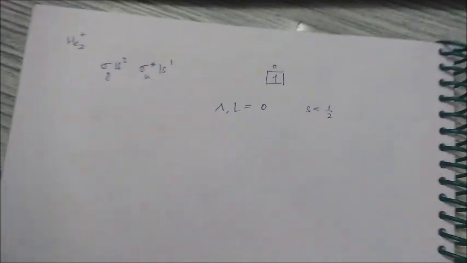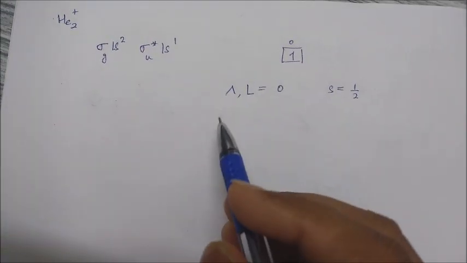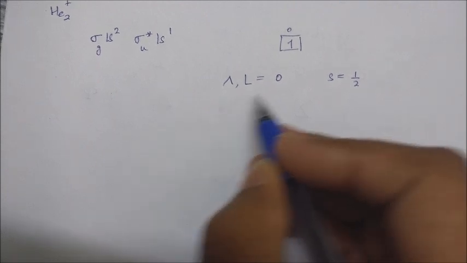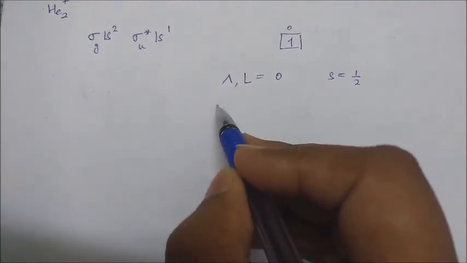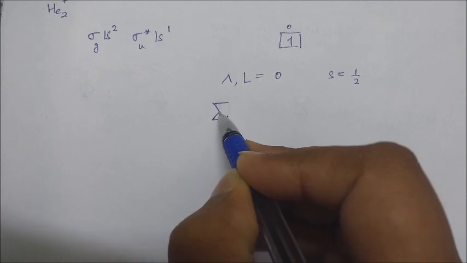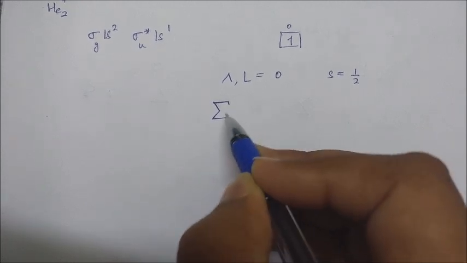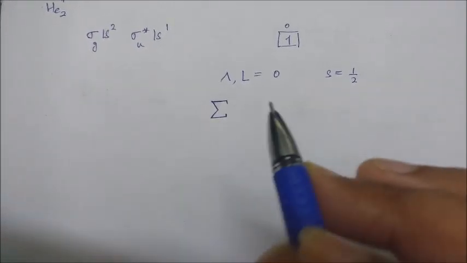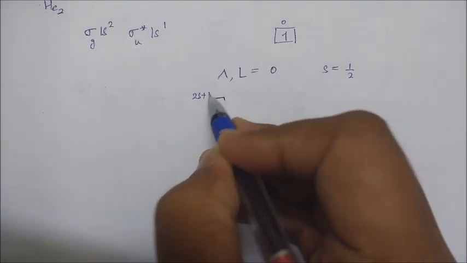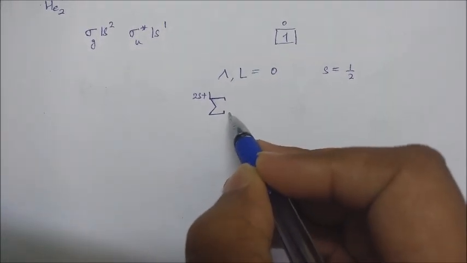Now we will try to assign the term symbol. For L or lambda 0, we know from the previous table that we will get sigma as the spectroscopic term. Now here we have to write 2S plus 1, and here we have to write either g or u.